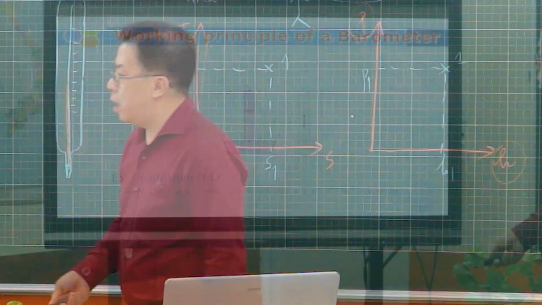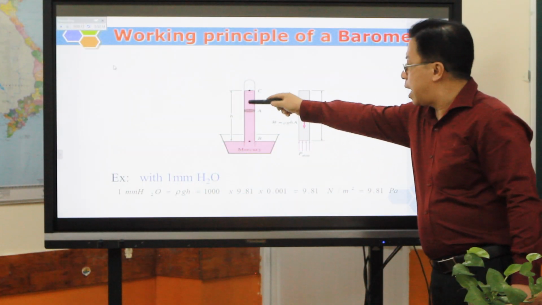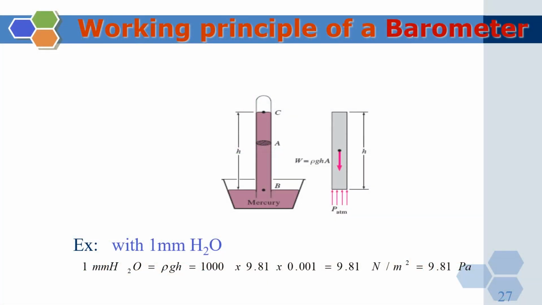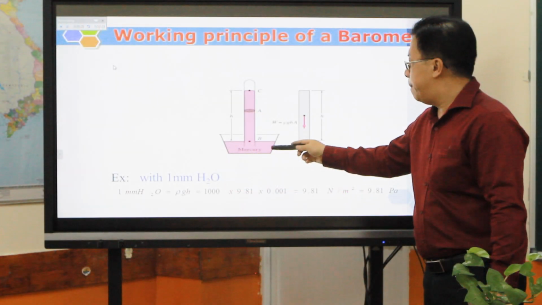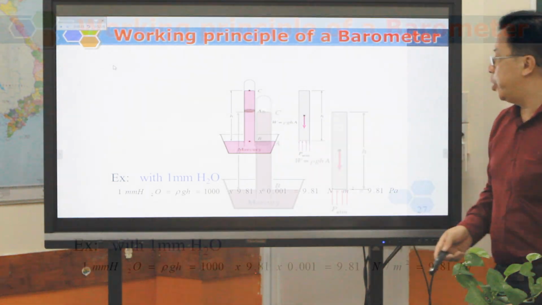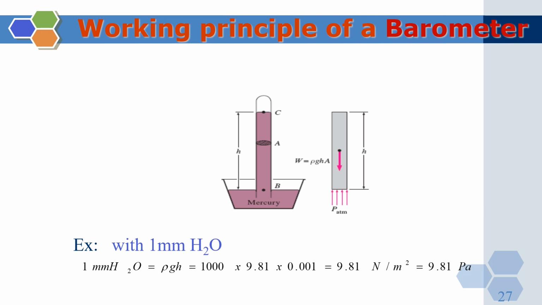And in this principle, we have the height here as H, the area here as A. For example, we have a column of mercury, and the area of the ball here is B, while the area of the tube here is A. In this case, we can work out 1 millimeter of water, and it will be rho times g times h.